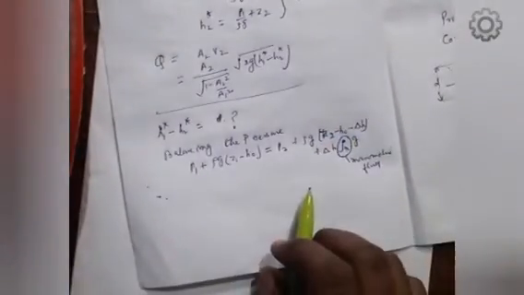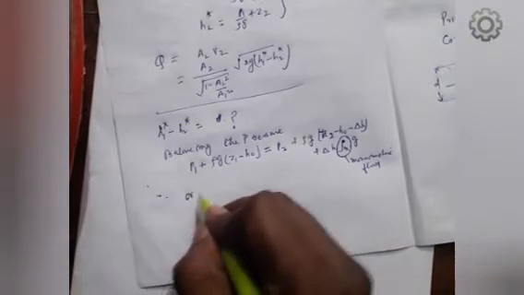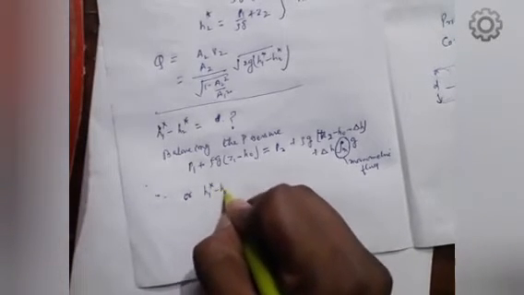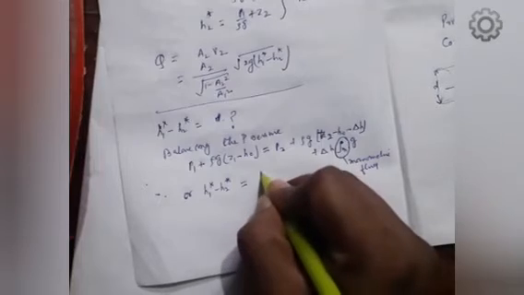So by balancing this equation we can get H1 star minus H2 star.